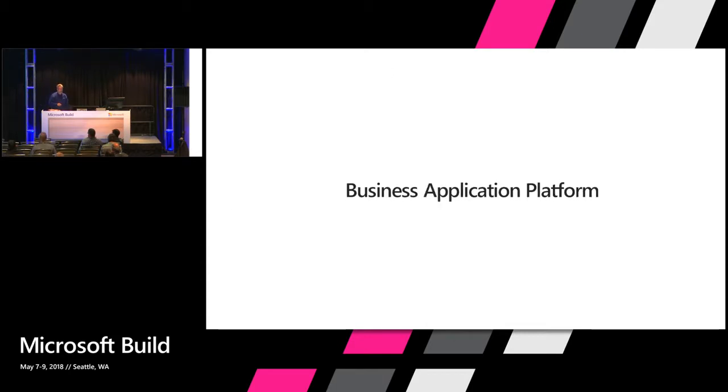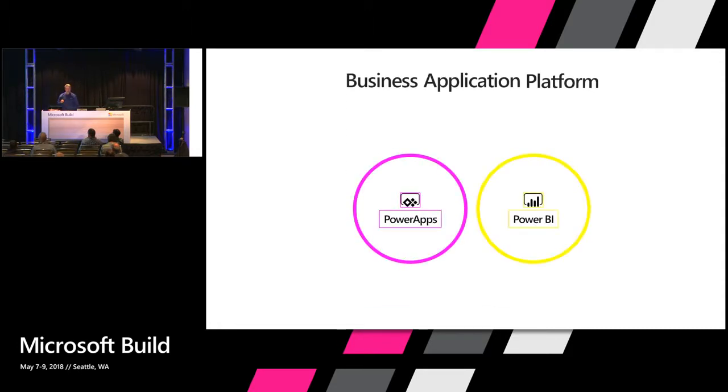So the business application platform is now organized into 2 main functional areas. The PowerApps area, PowerApps platform, Power Platform, there's 4 or 5 different names for it, and the Power BI space. Now, what do these actually mean at the end of the day? When we think about what PowerApps and Power BI work down to, they work down to 2 halves of the problem that we have in most business applications areas.